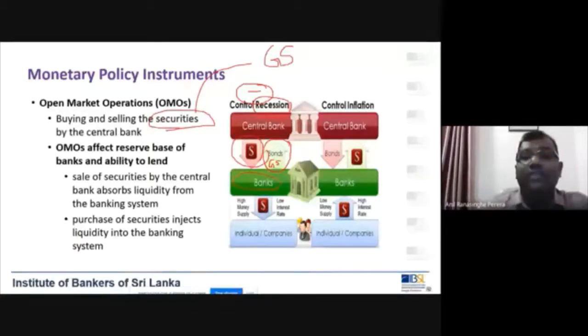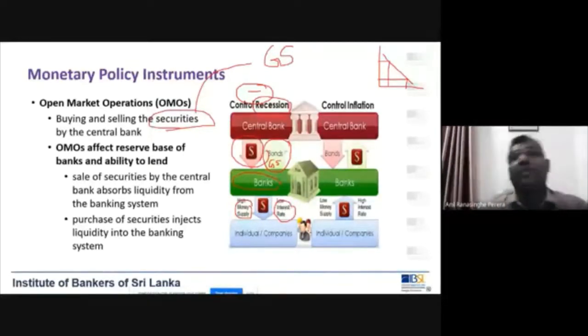So in the banking system, money supply will now increase. When money increases, interest rates will go down. We know there is a negative relationship between interest and money. The higher the interest, the lower the money. The lower the interest, the higher the money. So when money supply goes up, interest rates will be low. So individuals and companies in the economy will get money at a lower price.